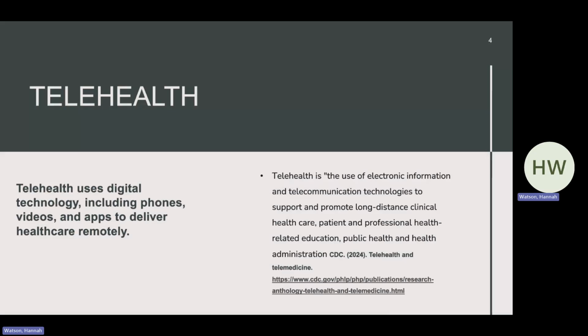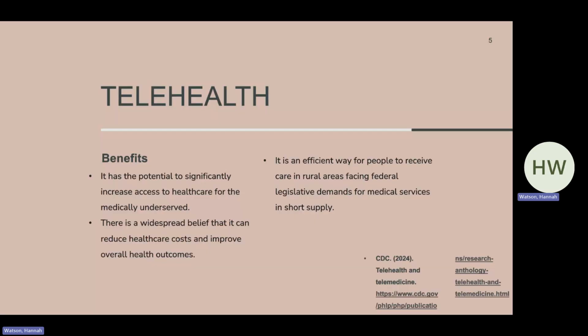So, in this slide, we talk about some of the benefits that we see with telehealth, and there are several of them. One major advantage is that it increases access to healthcare for medically underserved populations, especially those who live far out in rural or remote areas. Telehealth can also reduce healthcare costs by decreasing travel expenses and improving efficiency.